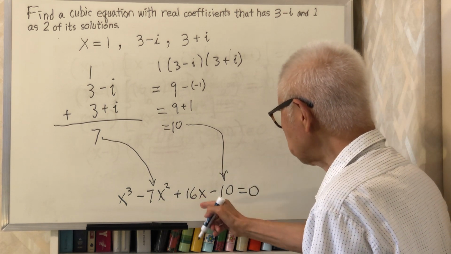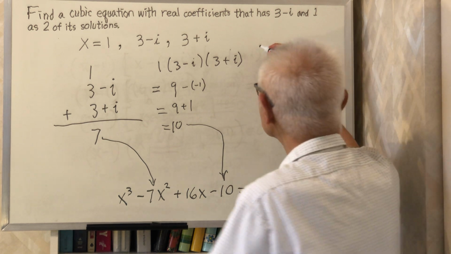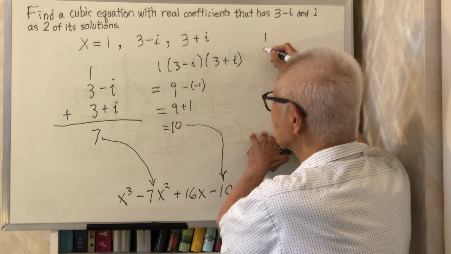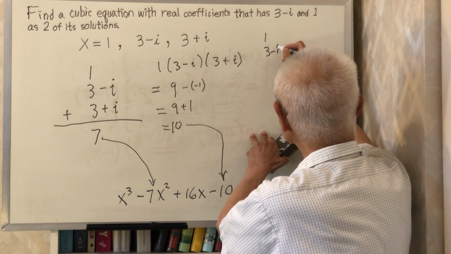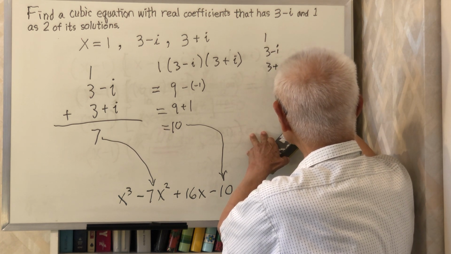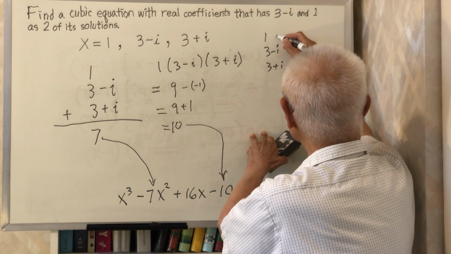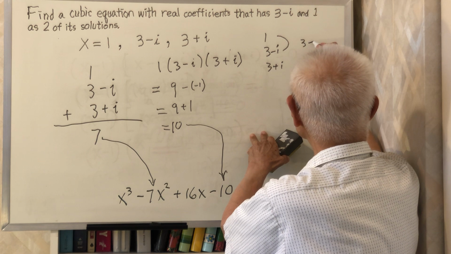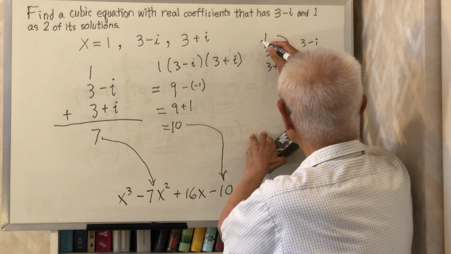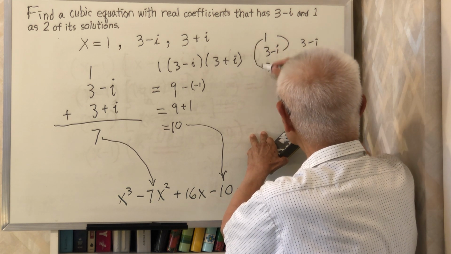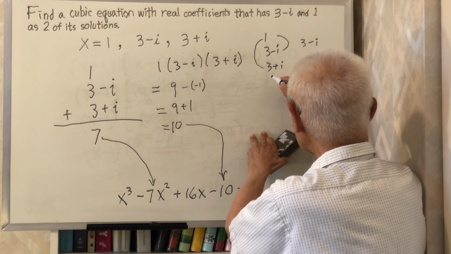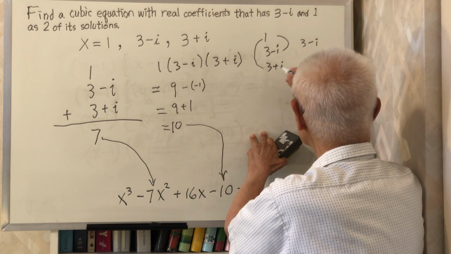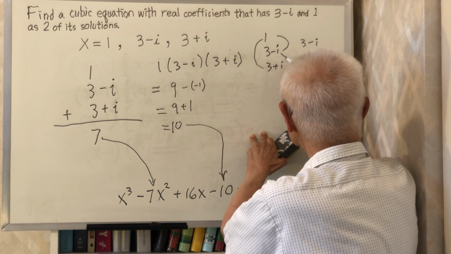How about this 16? 16 is this. 1, 3 minus i, 3 plus i. I multiply 1 and 3 minus i, get 3 minus i. I multiply 1 and 3 plus i, get 3 plus i. I multiply these two.